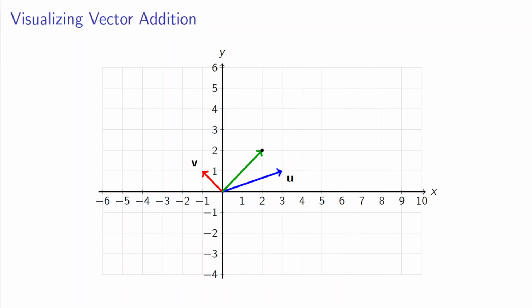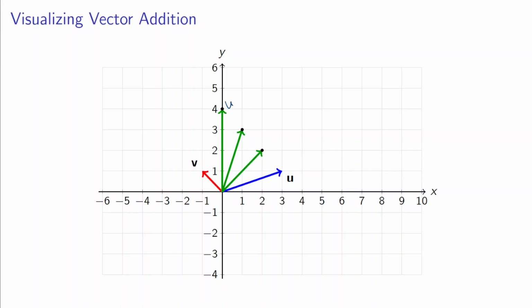Next thing I want to look at is doing a bunch of combinations. This is again the vector u plus v that's drawn in there. What we'll see in the next few slides is u plus some multiple of v. So u plus 1 times v is what we're seeing here. Next is u plus 2 times v.